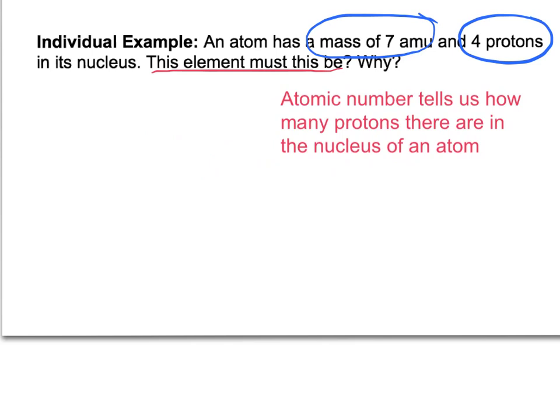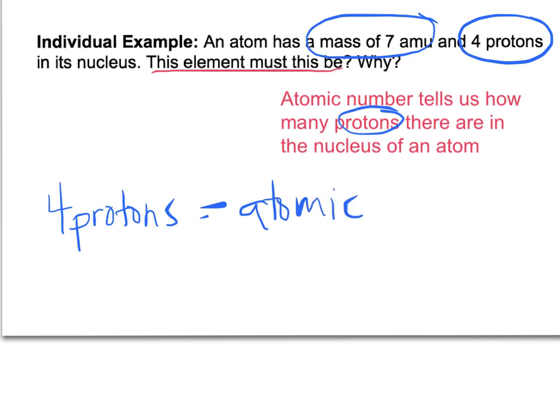Well, we know how many protons. We have 4. So that means 4 protons equals atomic number equals 4.